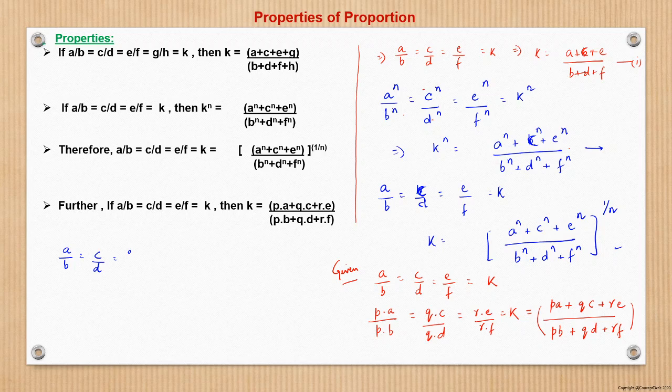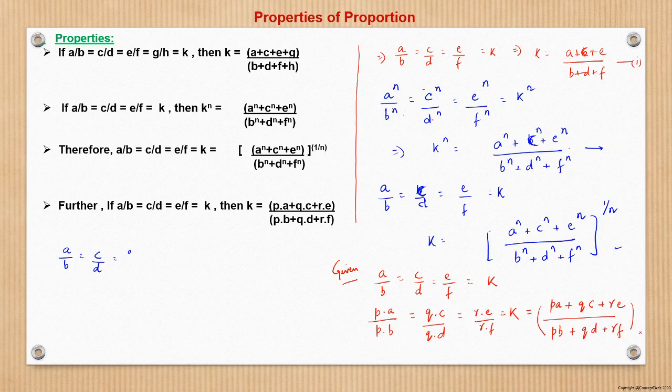Similarly, c and d can take any coefficient, but the coefficient of c and d has to be the same. It can be different from the coefficient of a and b. Similarly, e and f can take any coefficient, but those coefficients of e and f should be the same. However, the coefficient of e and f can be different from the coefficient of c and d and a and b respectively. So that is the most generic form I have written here, right?